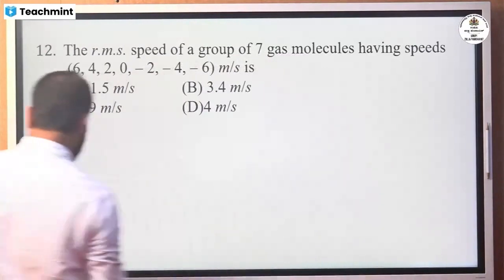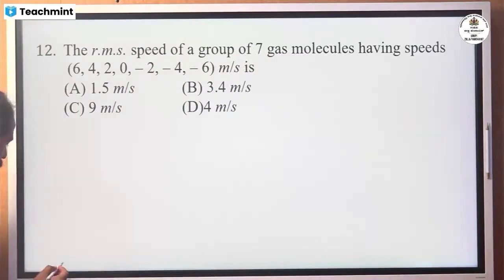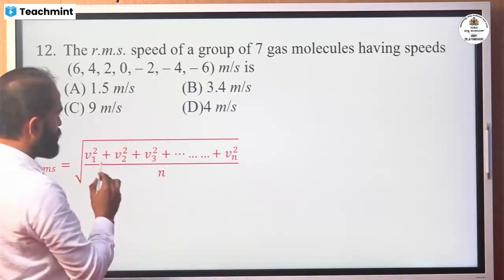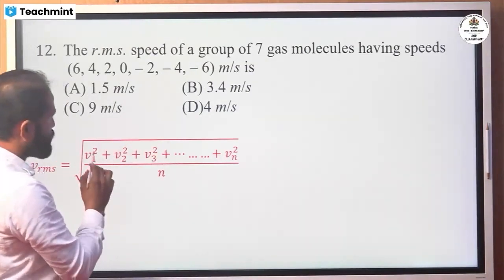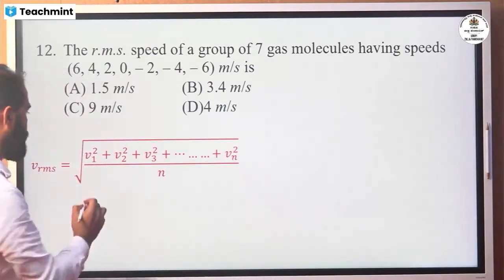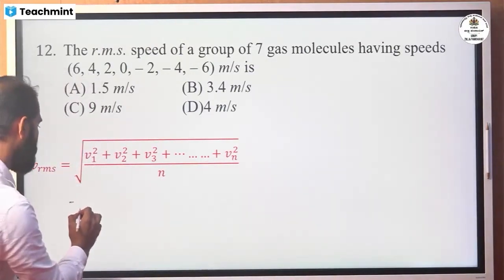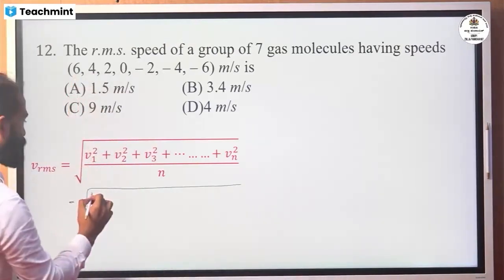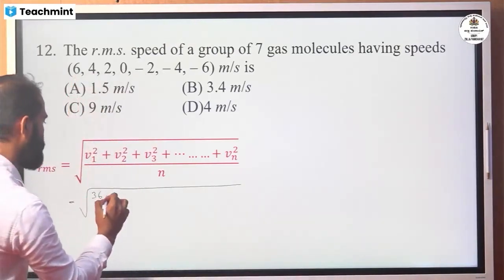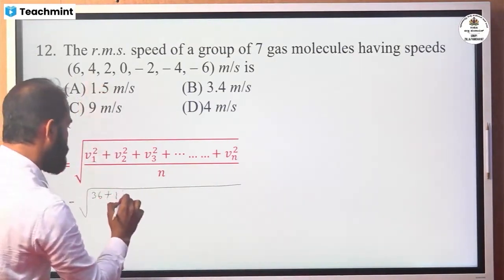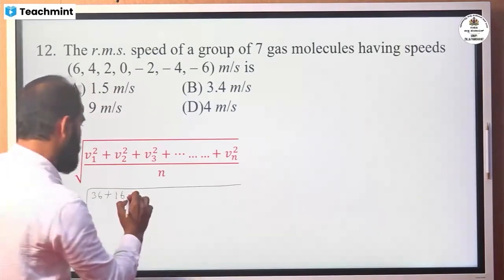So we have the formula for RMS velocity. RMS velocity is nothing but the root of the sum of squares of velocities of individual molecules divided by the total number of molecules. So here there are 7 molecules. Let's substitute all the values. First one is 6. 6 squared is going to become 36. Plus we have the second one as 4. When we square it, it is going to become 16.